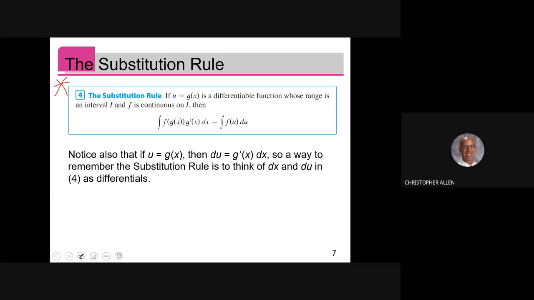If u is equal to g of x, is a differentiable function whose range is an interval I and f is continuous on that interval I, then the integral of f of g of x times g prime of x dx is equal to the integral of f of u du.